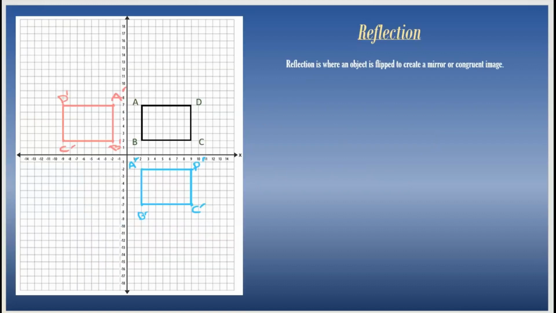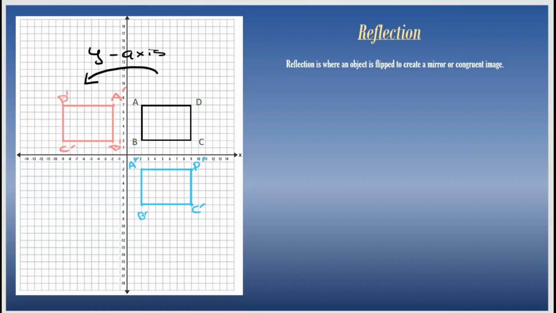So first up is reflections. Reflection is when an object is flipped to create a mirror or a congruent image. As you can see, based on this beautiful diagram, pre-image ABCD has been reflected across the y-axis, which is over like this. So this would be flipping across the y-axis.